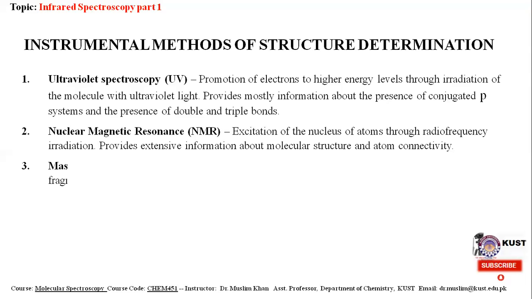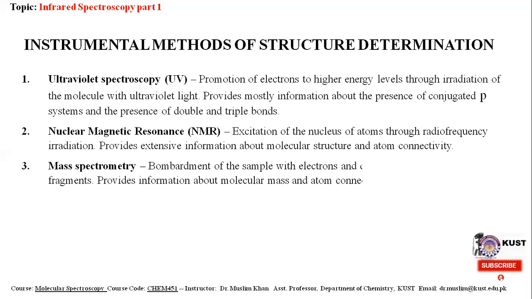The next one is mass spectrometry. Although radiations are not involved in mass spectrometry, that's why it is not called spectroscopy, but it is a quantitative as well as a qualitative technique. We know about the quantity and quality of the analyte.